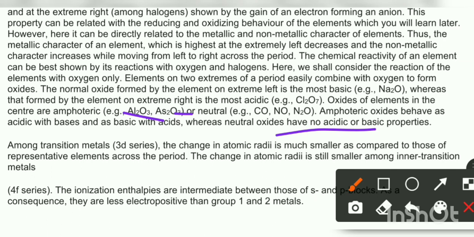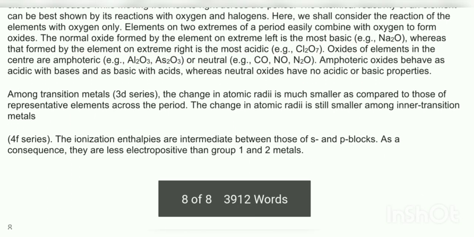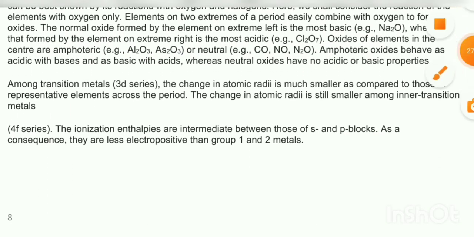Among the transition metals, the 3d series, the change in the atomic radii is much smaller as compared to those of the respective elements across the period. The change in the atomic radii is still smaller among the inner transition elements. So a small variation is observed in atomic radii in the case of 3d or d orbital transition elements.